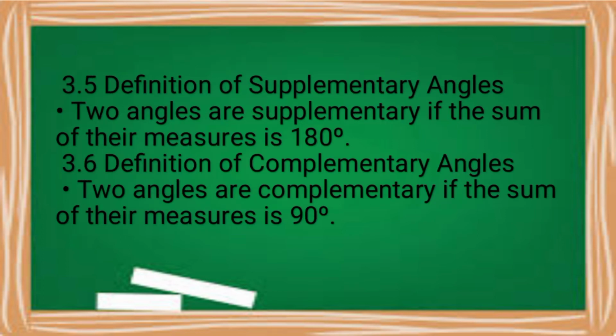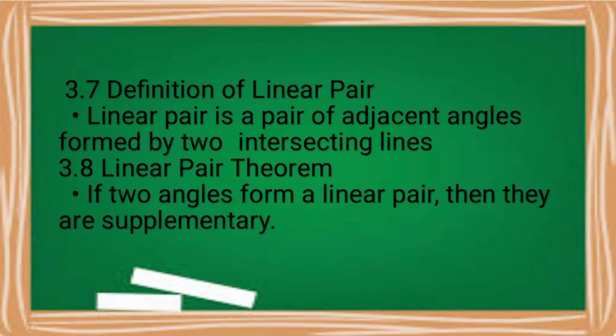The definition of supplementary angles: two angles are supplementary if the sum of their measures is 180 degrees. For complementary angles, two angles are complementary if the sum of their measures is 90 degrees.